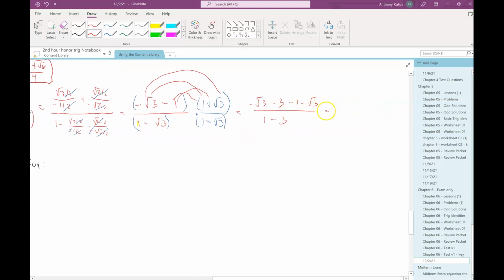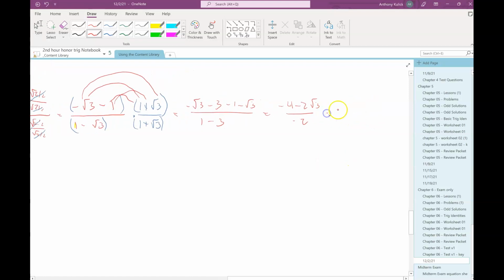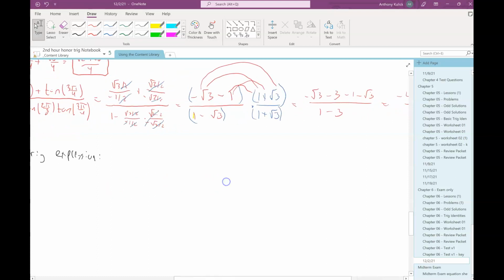So if I combine like terms, I end up with negative 4 minus 2 root 3 over negative 2. And if I reduce that, I end up with 2 plus root 3. So again, nothing tricky there. The worst part is dealing with all the little simplifications and stuff. So that's that.